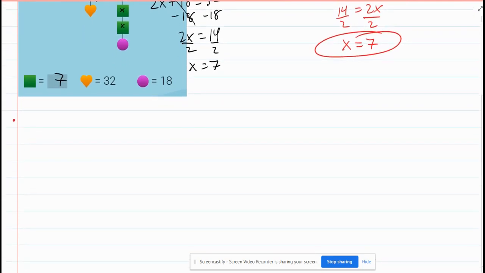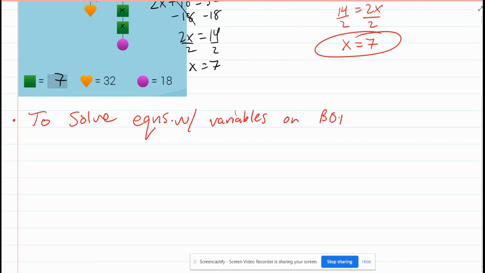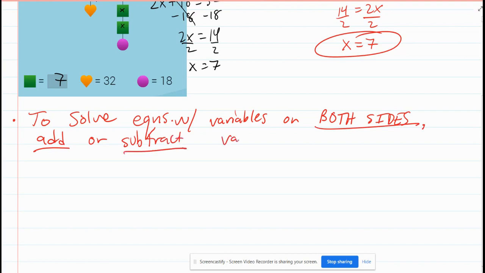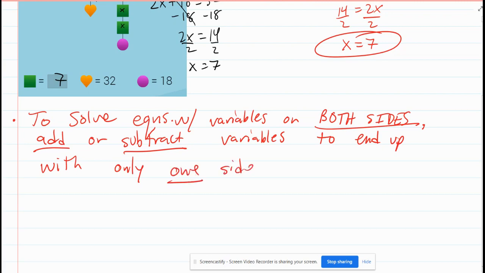So if I were to summarize this in one sentence, to solve equations, which I'll abbreviate EQNS, with variables on both sides, and by that I mean both sides of the equal sign, we are going to add or subtract variables to end up with only one side having them.